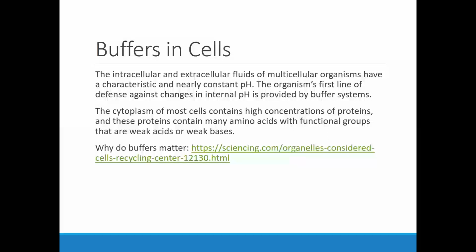And these are going to be buffered in different ways based on the weak acid and weak bases present in the aqueous environment itself. If you're still not sure why buffers are important and why they matter, I've linked something here that goes really into depth in each of the organelle systems and organs and how they utilize phosphorus in the body.